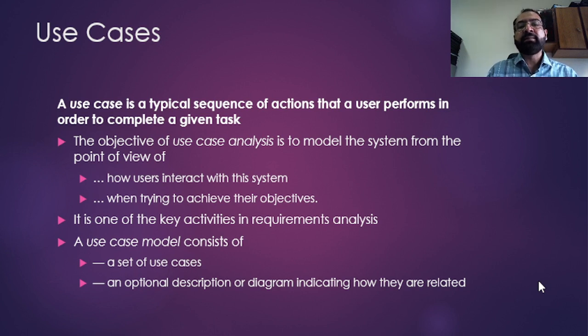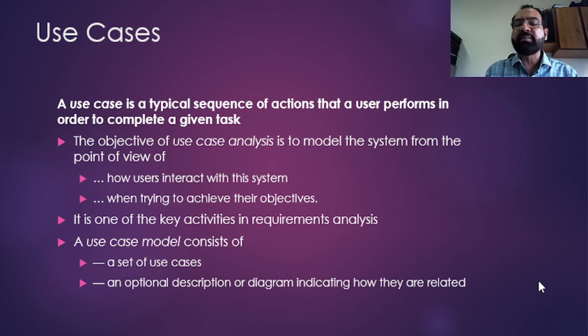Why are we finding those use cases? Because we want to develop a use case model, which is one of the important, basic models, and is used later on in all other models as well.